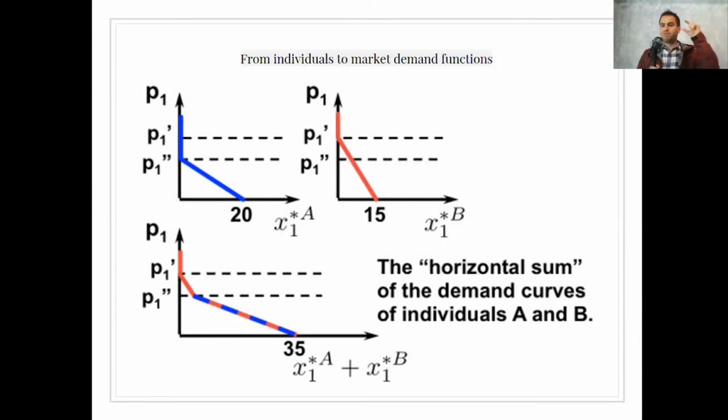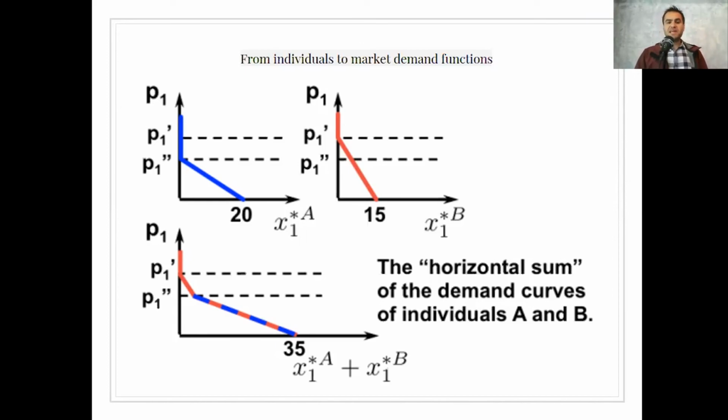Once you go to a new price segment and continue evaluating this idea for different price segments, in this case, we only have 2 consumers, so you would only do this twice. But if you had 10 consumers, you would probably have 10 different segments. Below P1 double prime, you have more than one customer willing to pay for this product.